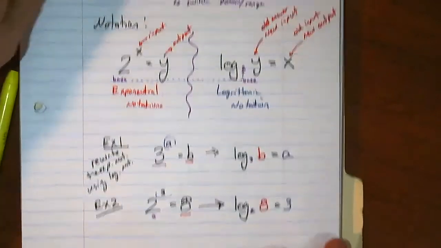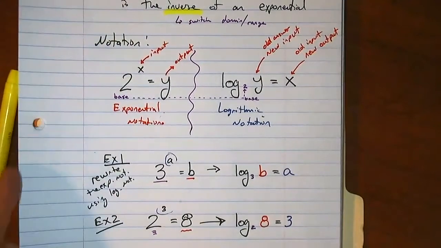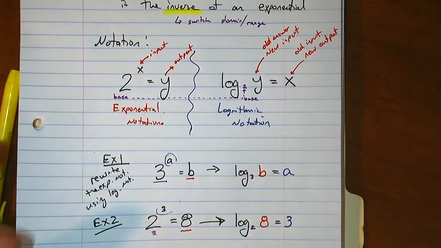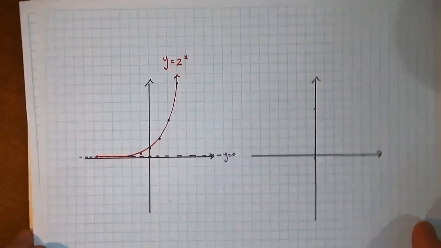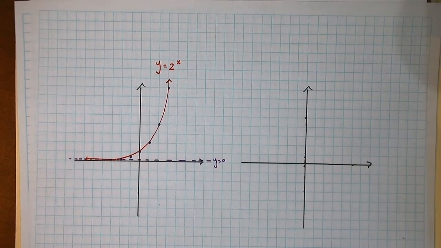Okay. Now, with all of that said, the third thing that we have to do is not only switch back and forth in notation, but also switch it back and forth with a graph. And so I just happen to have here a graph that we're very familiar with. There it is. It's the graph of y equals 2 to the x. We've looked at that in multiple videos and multiple homework assignments, so we should be familiar with that.